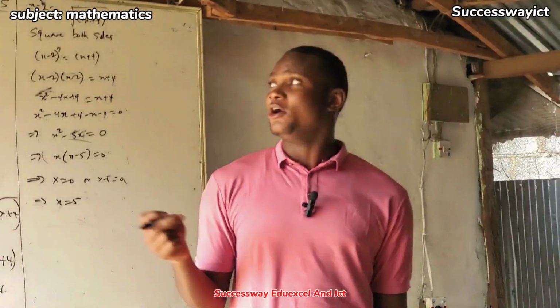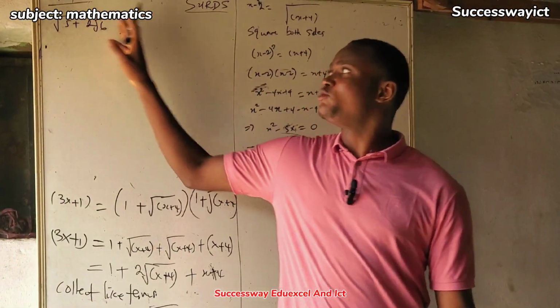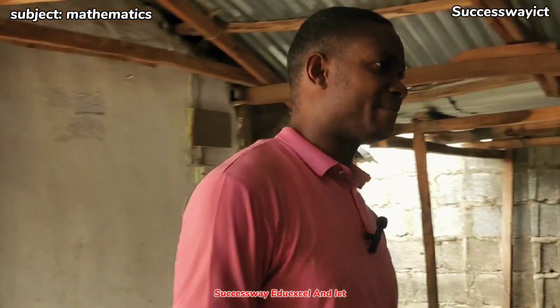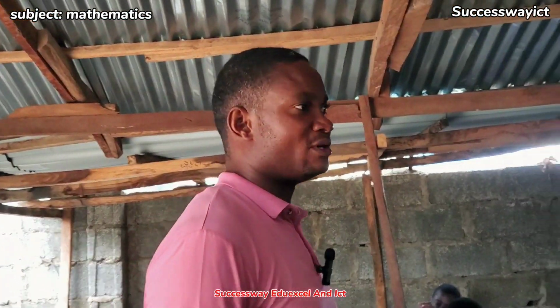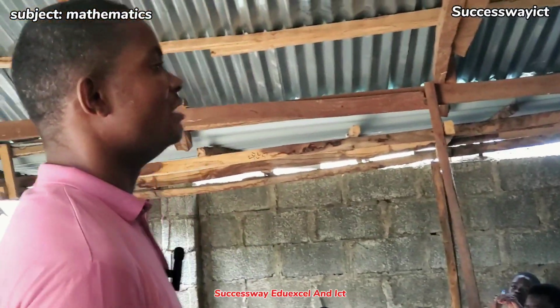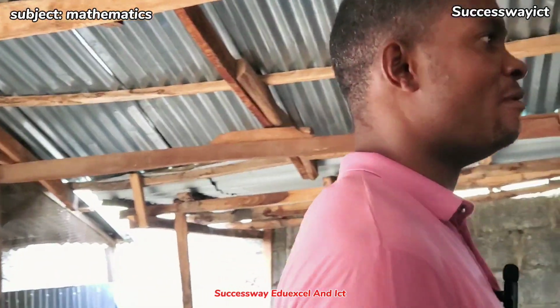All right. Now, when you are given something like this, you have the square root of 5 plus 2 root 6 for you to simplify. This is like a surd inside a surd. Are we together? Now, the first thing you do is to get the general form of a surd.